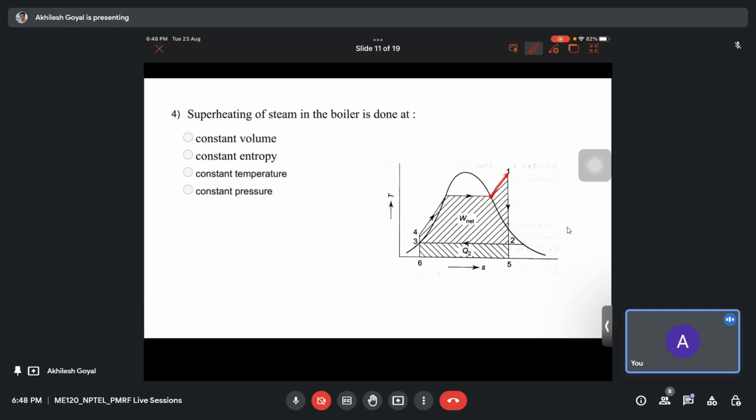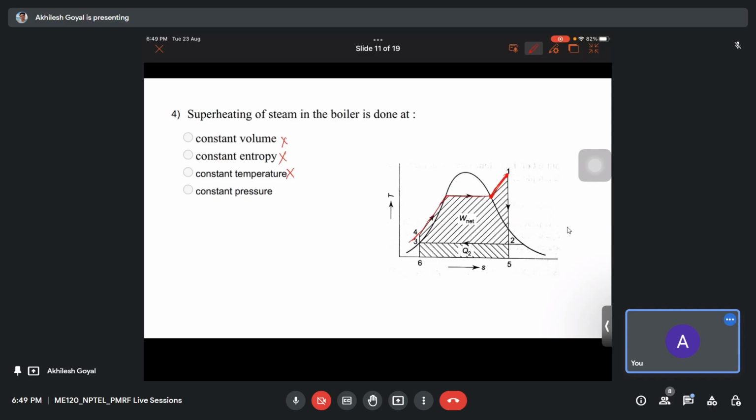You can see during this superheating process the entropy is not constant. Entropy is increasing, so this option is wrong. Temperature is also not constant, temperature is also increasing, so this is also wrong. Volume is also not constant, but pressure remains constant, because this is the constant pressure line that comes from here to here.